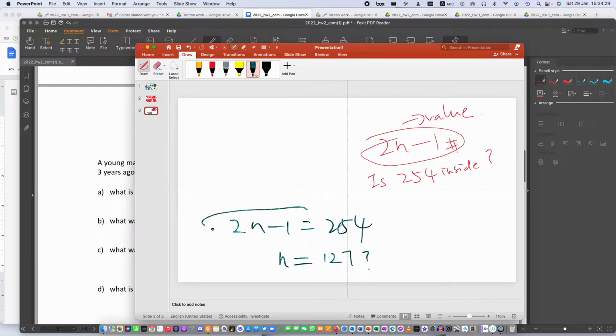How did you solve this? Show me your work. 2n minus 1. What are you doing? I said 2n minus 1. The formula is 2n minus 1, right? 2n minus 1 or 2n? 2n minus 1. The formula is?